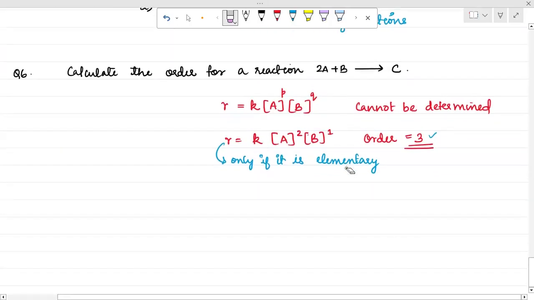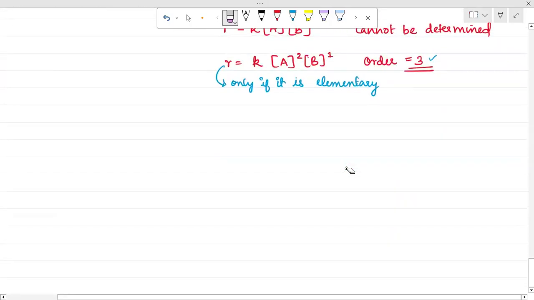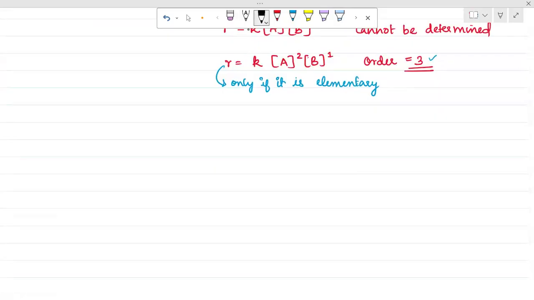All right. Note down the next heading, the last topic of the session: units of rate constants.